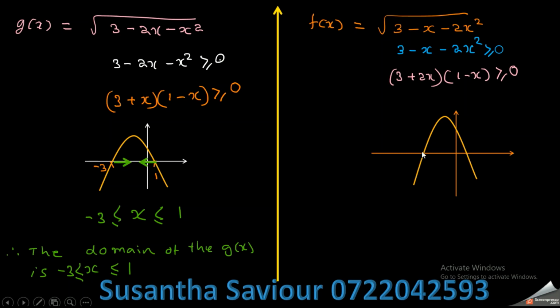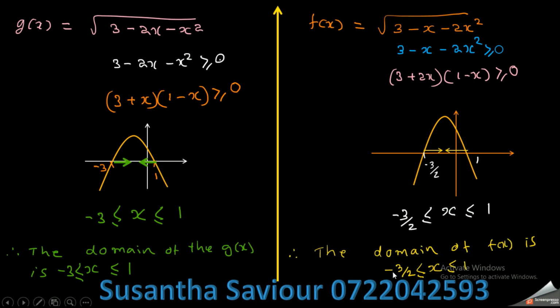This is 1, this is minus 3 over 2, right? So the interval will be in between these two, which gives the positive y, right? Therefore our domain is in between minus 3 over 2 and plus 1, right?